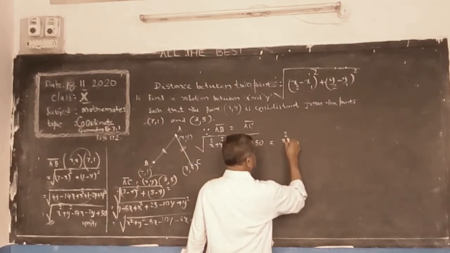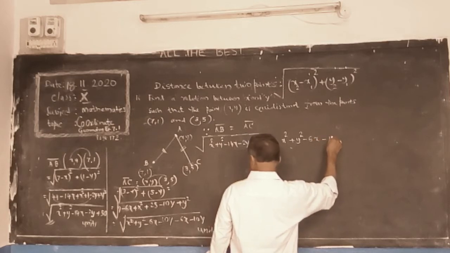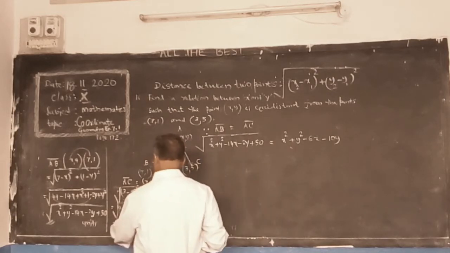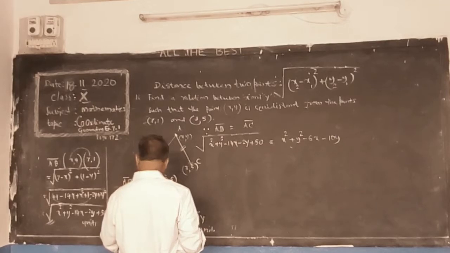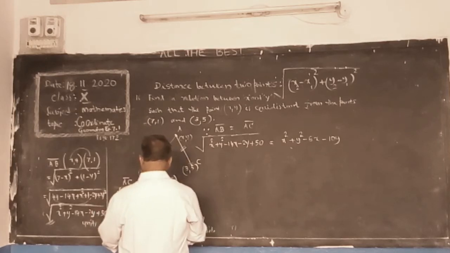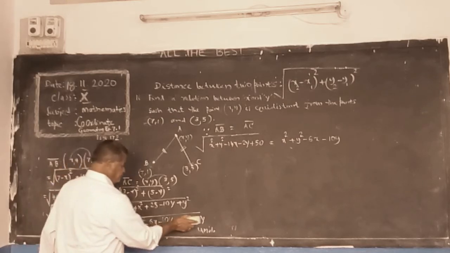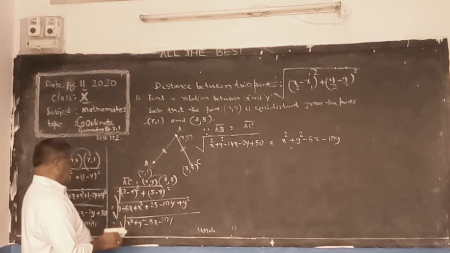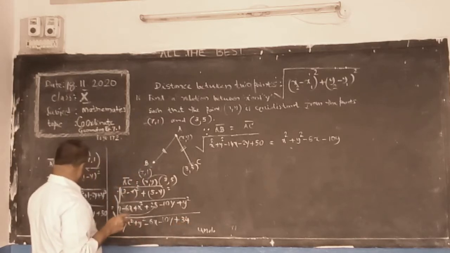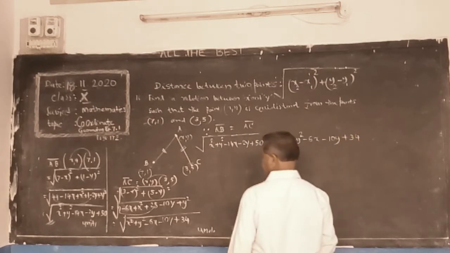Under root x squared plus y squared minus 6x minus 10y plus 34, since 9 plus 25 is 34.